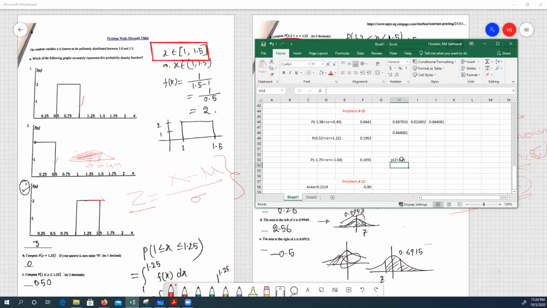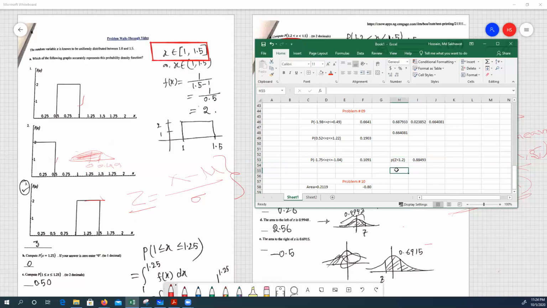That means you just want to find the probability for the values of z which are less than 1.2. So that means you want to find the area on the left side. So this is simply norm dist, this is 1.2, comma 0, comma 1, comma 1. So this is the area.